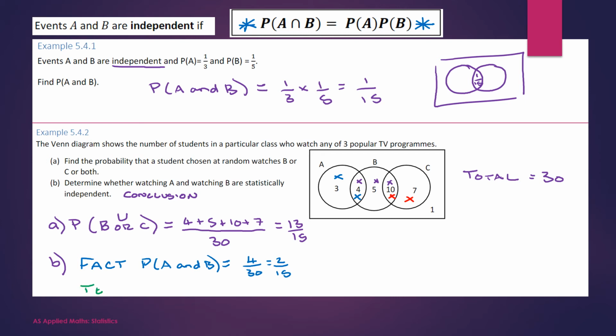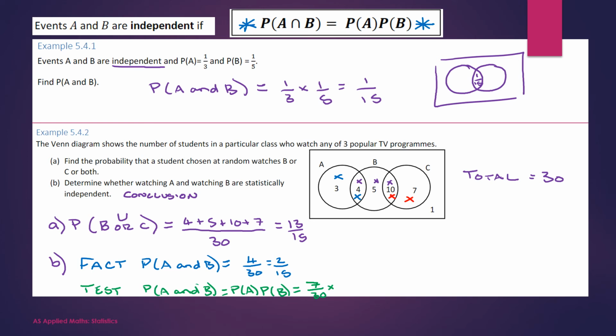We're then going to test, and the way that we test it is by using the formula. We know that the probability of A and B, if they are independent, is equal to the probability of A times the probability of B. Using the information in the Venn diagram, the probability of A is 7/30, coming from the 3 and the 4.